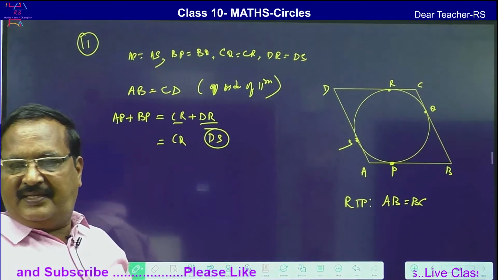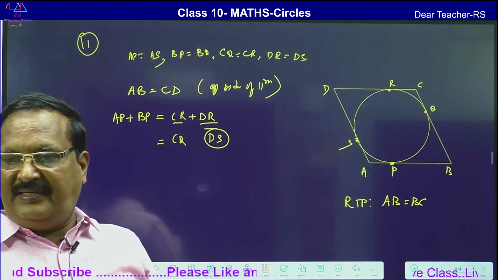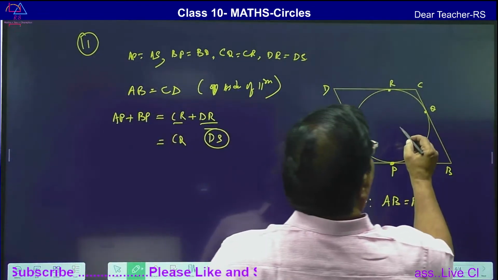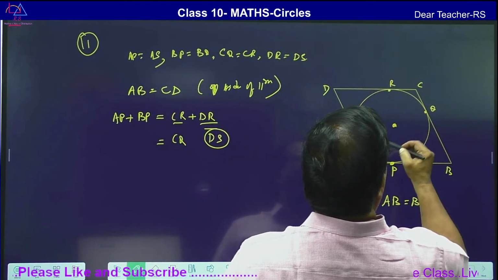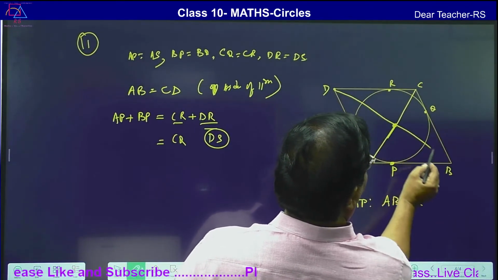So what is another way? Diagonals equal, that is also okay, you can prove diagonals are equal, because if diagonals are equal, even then it is a rhombus.